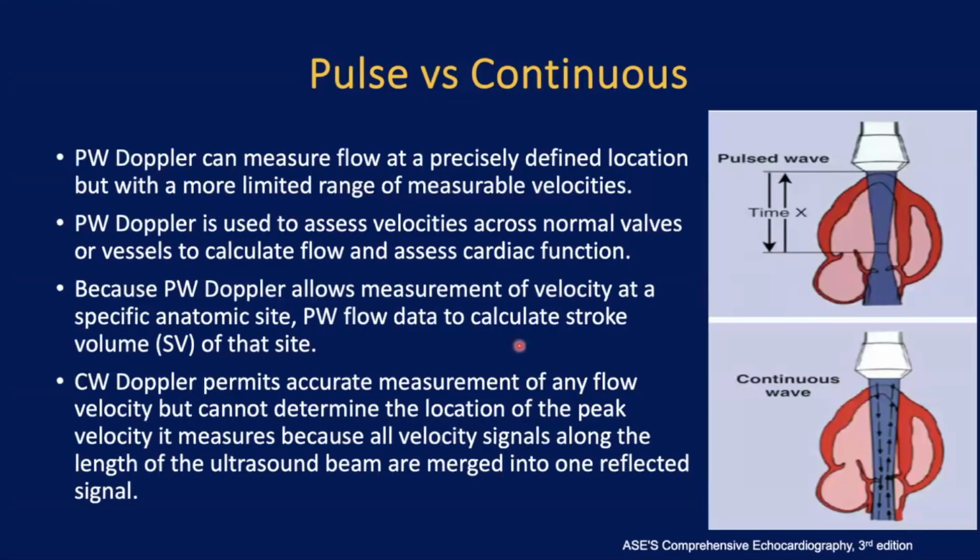This is why with pulse wave you can get the stroke volume. However, with CW you cannot, because for stroke volume you need the cross-sectional area and to place the pulse at that location, which you cannot do without the pulse Doppler.